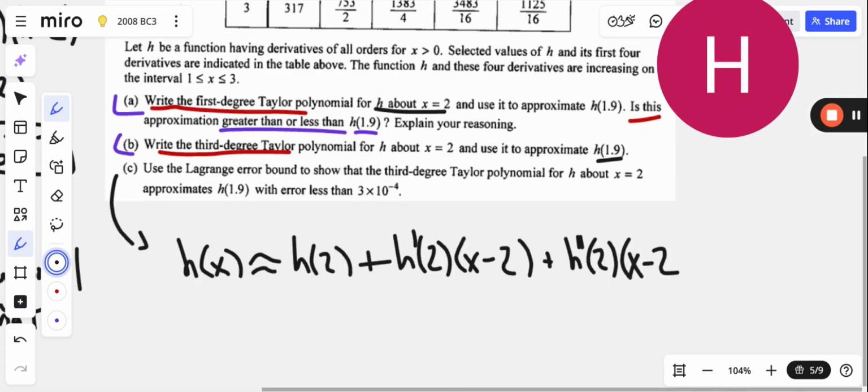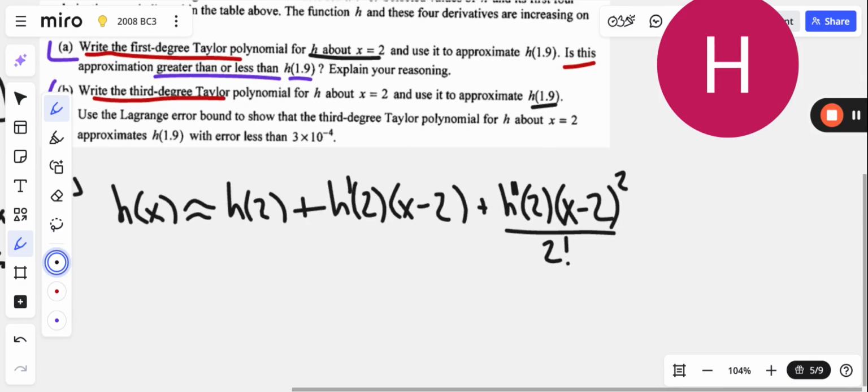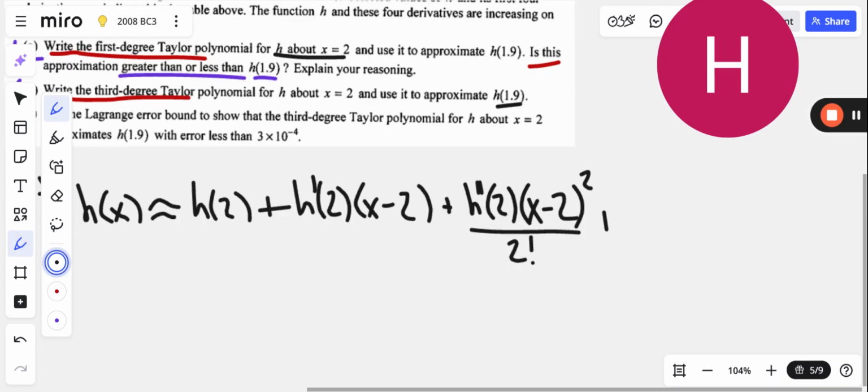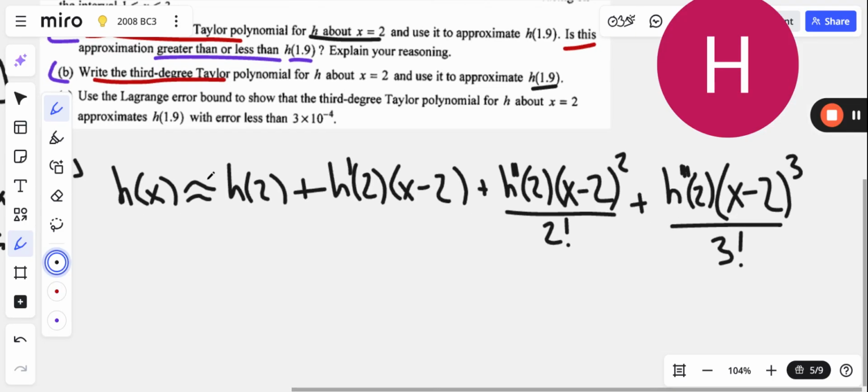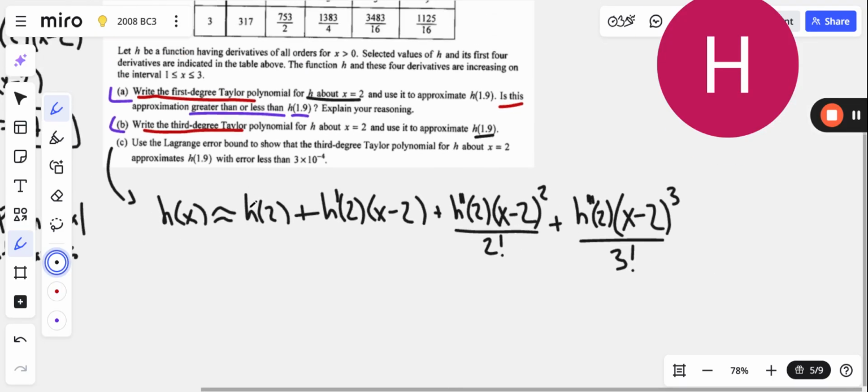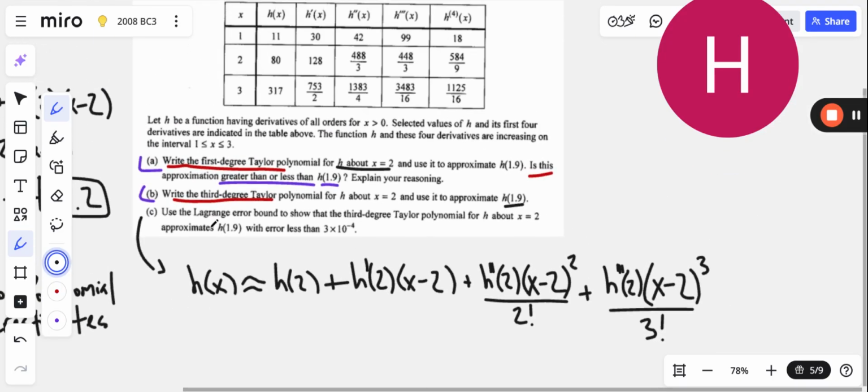And as we take into account more and more derivatives with a higher degree, 2 factorial is just 2, but I'll leave it as 2 factorial. As we add these terms which have more and more precision, it takes into account any of these, let's call them micro changes, from x equals 2 to x equals 1.9, which is where we're going to approximate. Okay, so we can just go ahead and plug that stuff in.